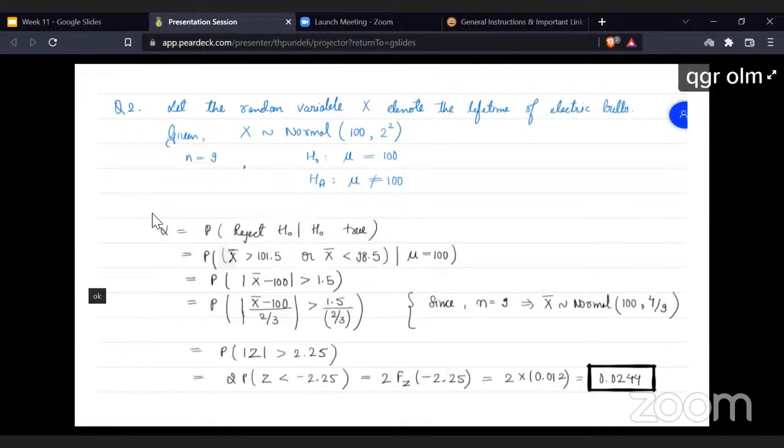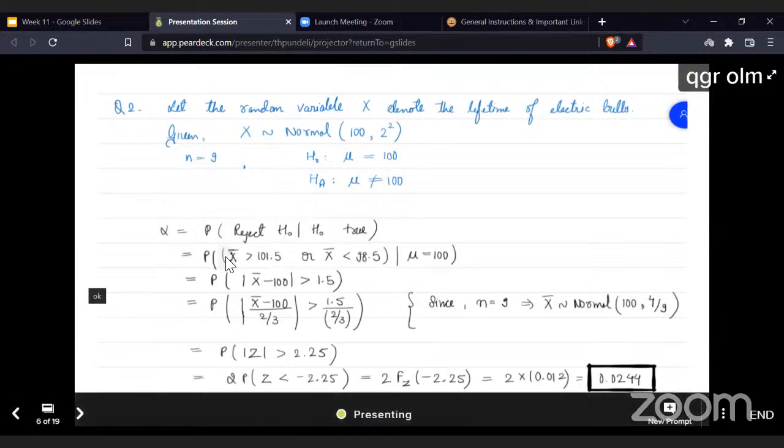So rejecting H naught is going to be in terms of your sample mean.